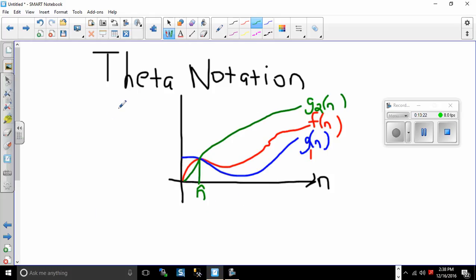So let's define a piecewise defined function. Let's say we have a function called g, and g is equal to g2 of n.